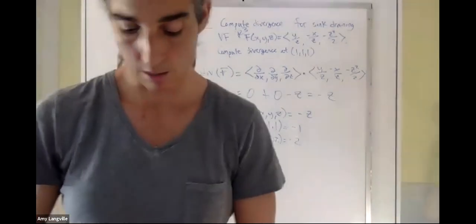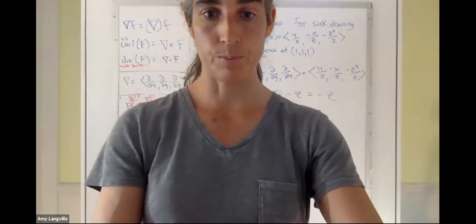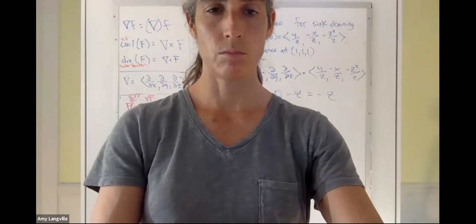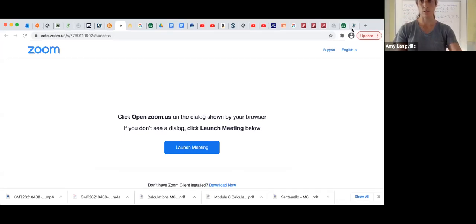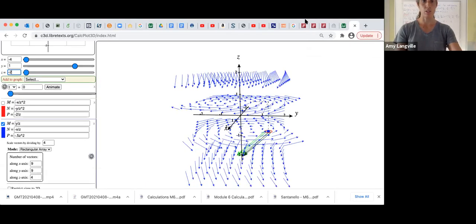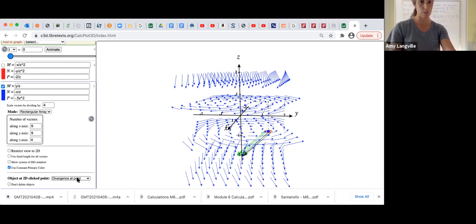So let's look at what happens when we use our tech tool. All right, so let's see what CalcPlot 3D can do with divergence. So divergence turns out same sink draining vector field, and we have an option to do divergence at a particular point. So you can put the flow line, again, that's your macro circulations.